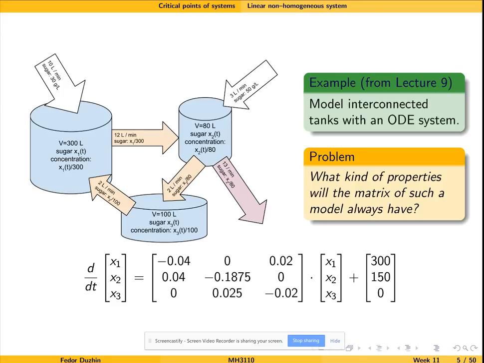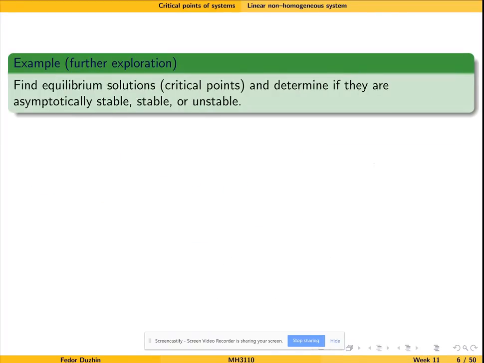Please notice that there is an open-ended question here about what kind of properties the matrices of such a model will always have. If you have some ideas, you can share your properties via comments to this YouTube video. But anyway, let me continue finding the equilibrium solution, the critical point of this system.